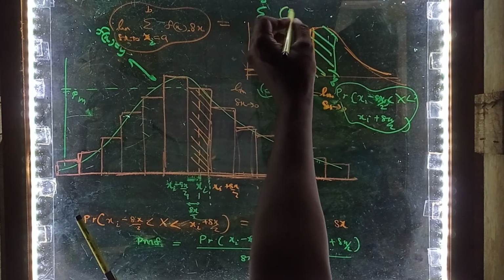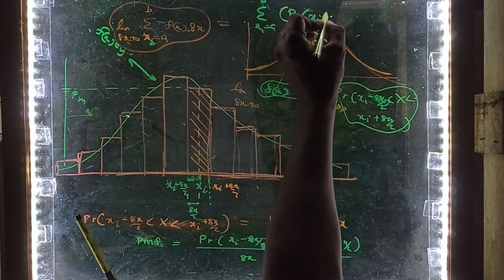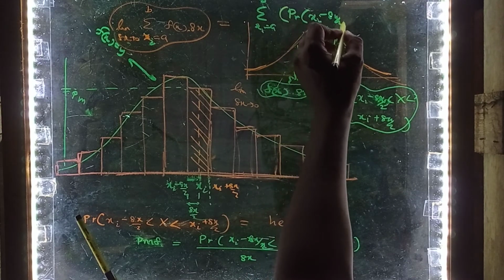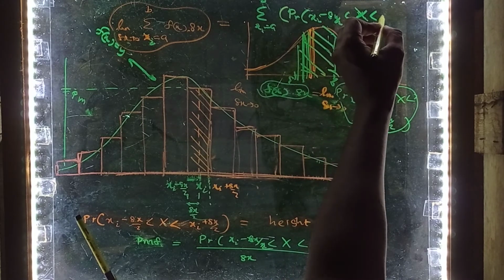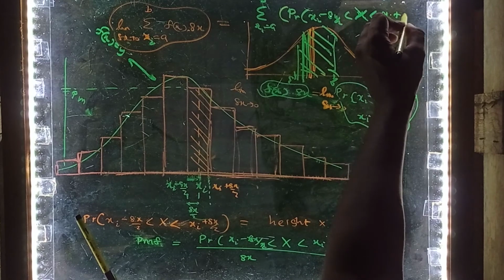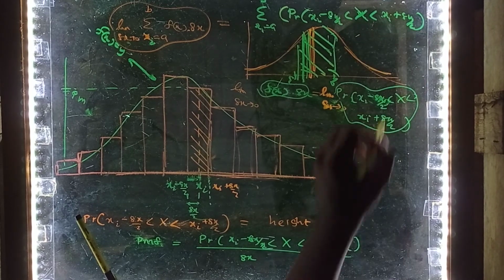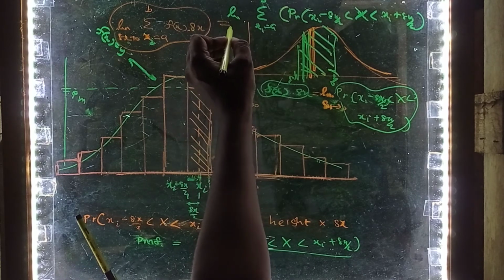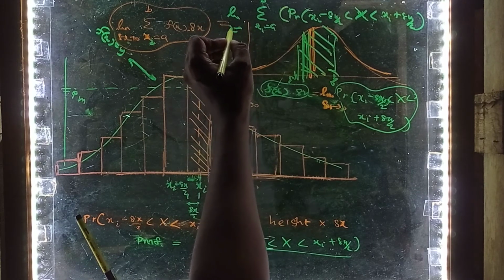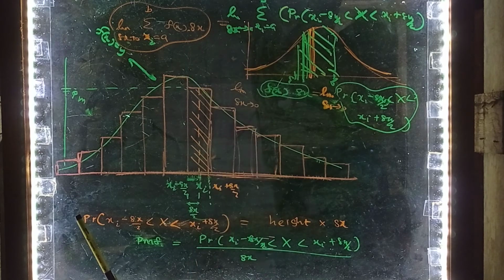And this is nothing but the probability that xi minus delta x upon 2 is less than the variable, which is less than xi plus delta x upon 2. We take the summation as I defined and let delta x go to 0, and only then can you represent the probability density function.